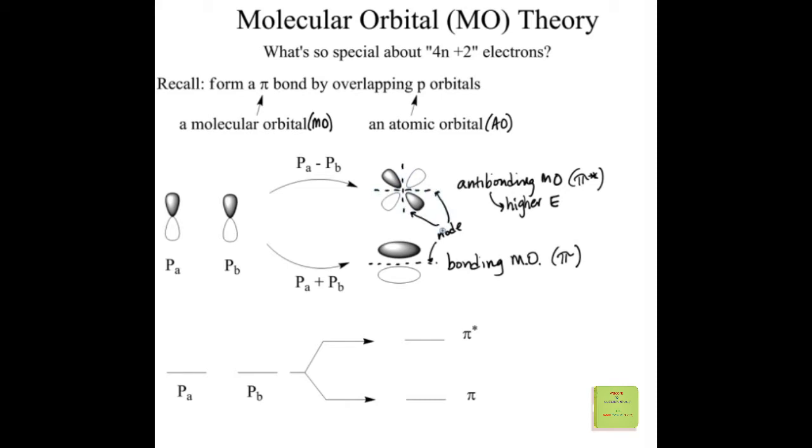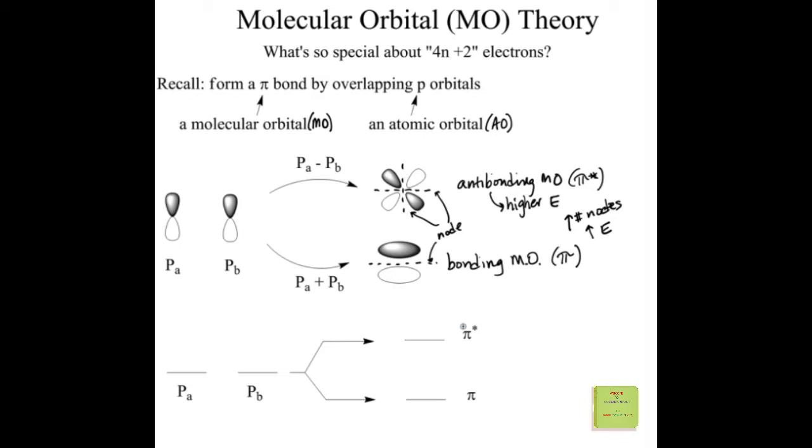And what we see is that as you increase the number of nodes, you increase your energy. It becomes higher in energy, it becomes less stable. We call it antibonding because there's no positive interaction between these. If you had electrons in here, that's not something that would bring these nuclei together and hold them together in a bond. So this is the difference between bonding and antibonding.